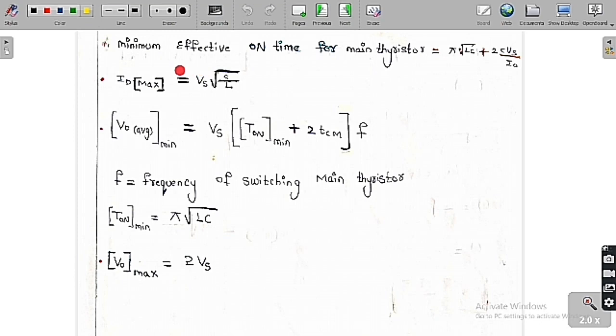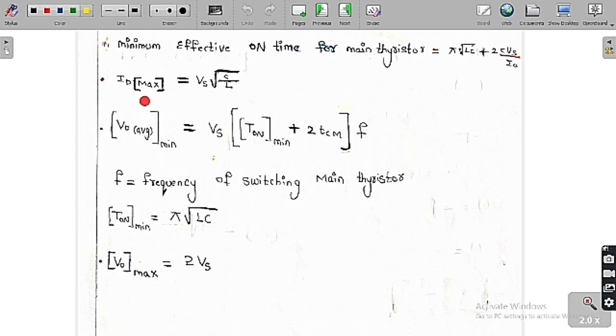If they ask for the minimum effective on time for the main thyristor, we have to add the mode 1 time and the mode 2 time. This is the mode 1 time and this is the mode 2 time. So we add them, which is pi into under root over LC plus 2 CVs by I naught.